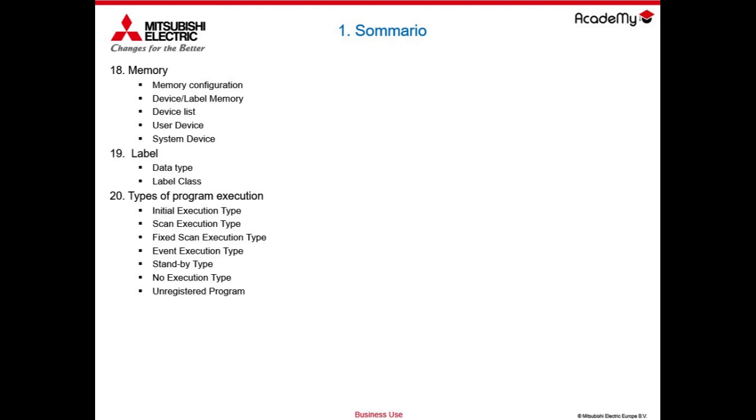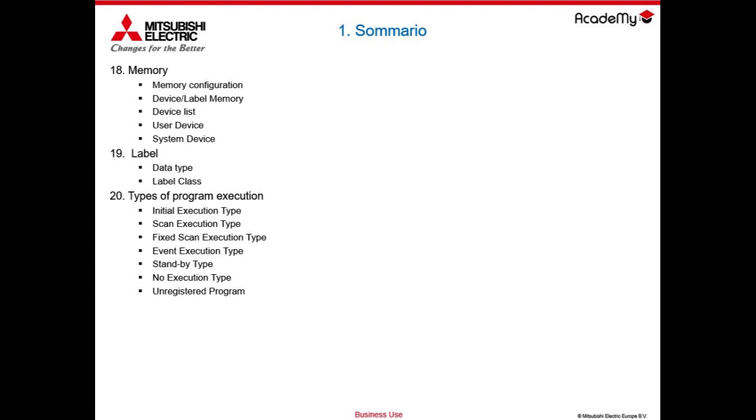For example, we will know the devices identified with the letter M, which will be devices for the Mitsubishi world bit by bit, or the 16-bit word devices identified in the Mitsubishi PLC with the letter D. So we will discover D0, D1, D2, and so on.